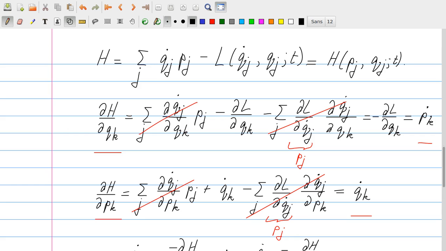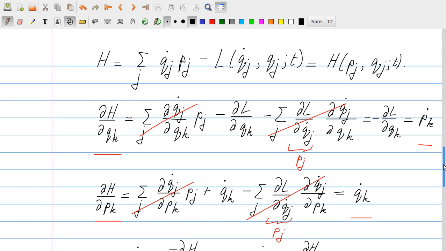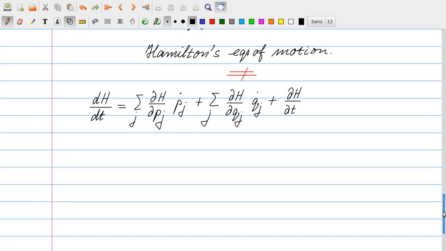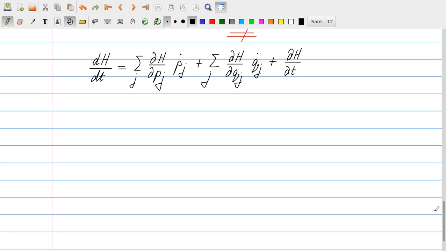Finally, let's go back to the Hamiltonian, which was defined in this way, and which is a function of the independent coordinates pj, qj, and the time. And I'm interested now in the time evolution of that Hamiltonian. So how does it change in time? Now it turns out we can calculate this in this way. H is a function of the pj, so I use the chain rule.